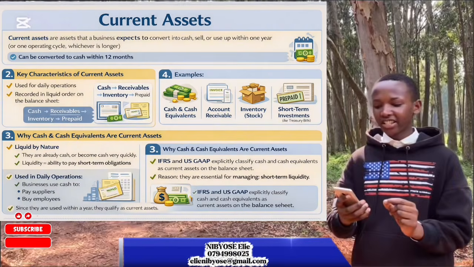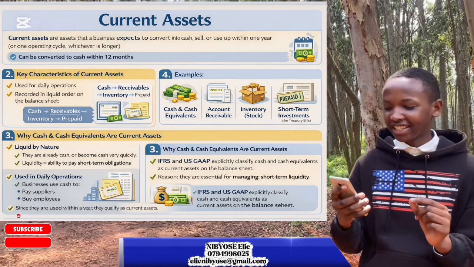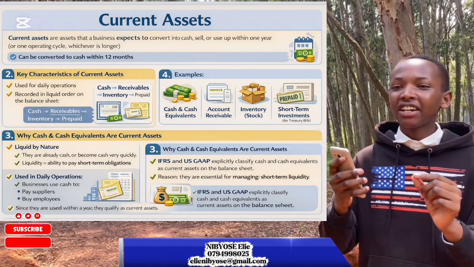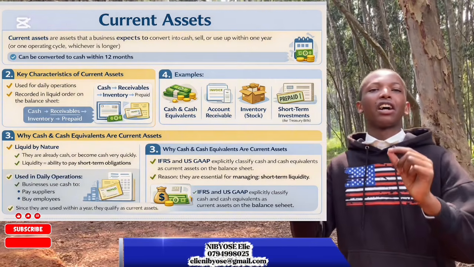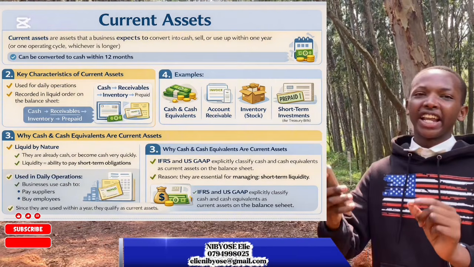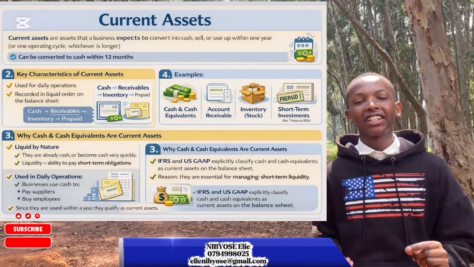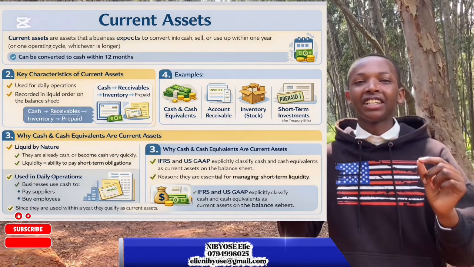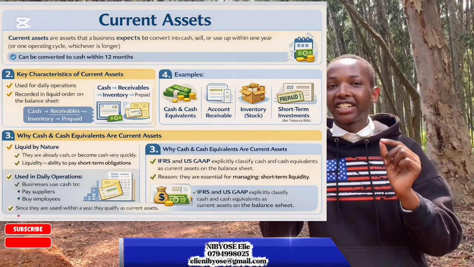Marketable securities are also current assets. They are current assets because they are financial assets that can be quickly sold in the market to get cash. These are bonds or shares that are listed on a stock exchange.